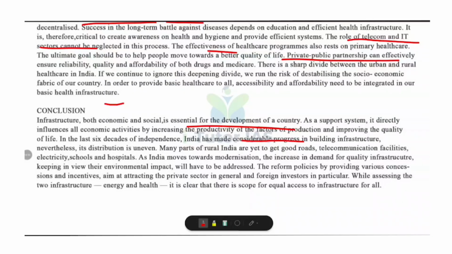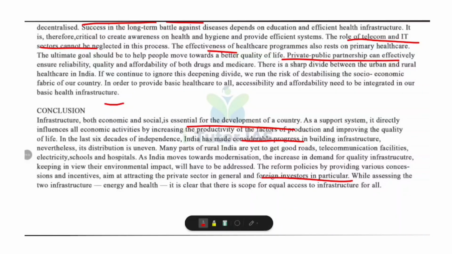And the distribution remains uneven. Many rural areas lack roads, electricity, telecommunication, schools and hospitals. Modernization demands high quality infrastructure while considering environmental impacts. Reform policies including incentives and concessions aim to attract private and foreign investment in infrastructure.